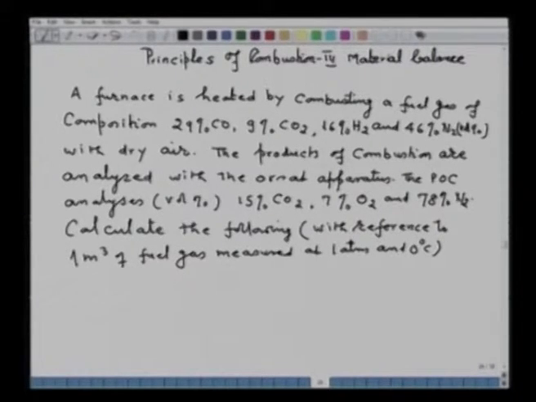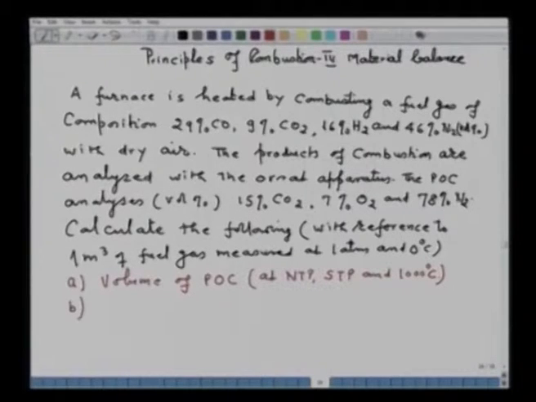We have to calculate the following. A, calculate volume of POC. Report the volume of POC at NTP, STP and 1000 degree Celsius.